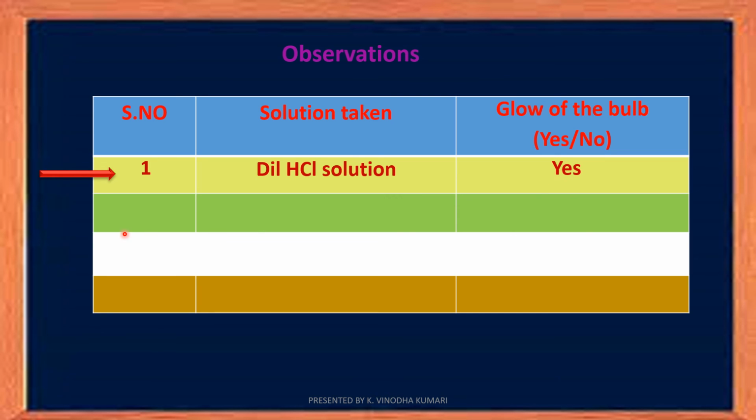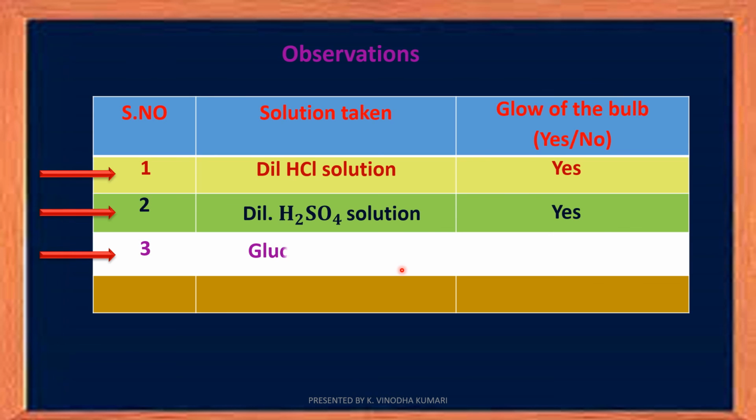The second solution we have taken is dilute H2SO4. Here also we have observed that the bulb has glowed. For the third solution, we have taken the glucose solution, and here we did not find any glow of the bulb.